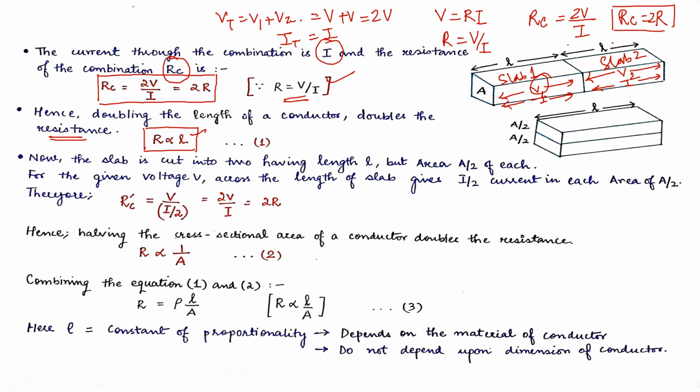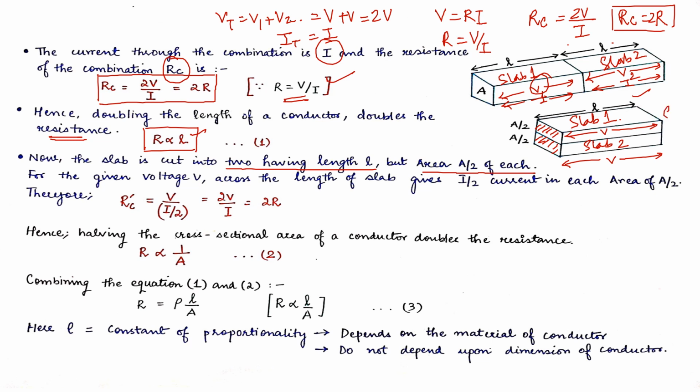Now the slab is cut into two, each having length L but area A upon 2. What we did, we took slab 1 with half of the cross-sectional area and slab 2 with the other half of the cross-sectional area. Now the length of the slab in both cases is the same, L, and we provided the voltage across this 1 and across this 2.